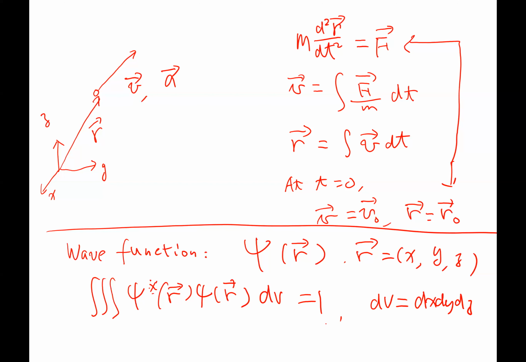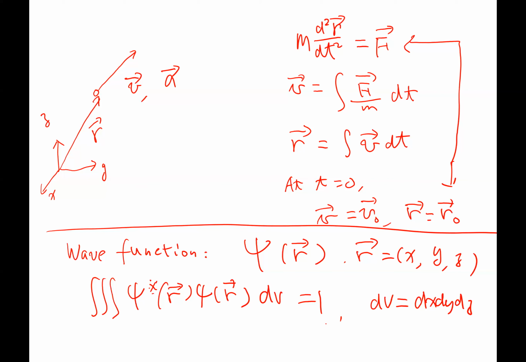So in principle, if you can find out this wave function, you should be able to find out the distribution of electrons in space, although you cannot specify the electron at a certain location. And from this wave function, we can also calculate the electron energy, which is very important. So what exactly is this wave function?